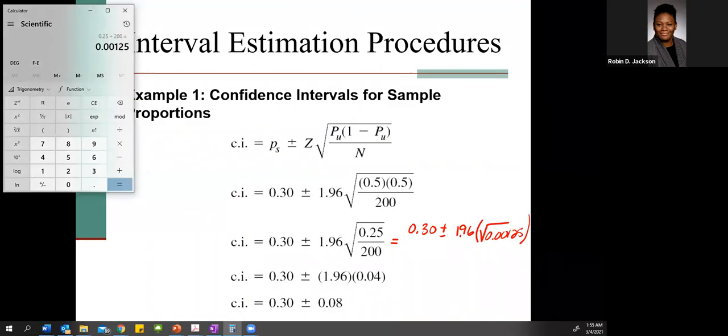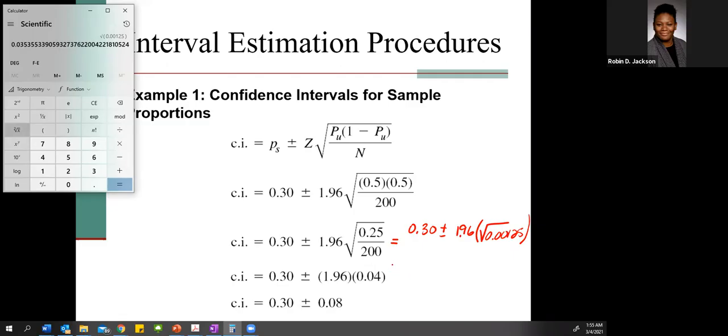Okay, and so if we then go and get the square root of that, we get 0.035355. Round to the second decimal place, because there's a 5 after that 3, and anytime the number is 5 or above, we round up to the next number. That's how you get to the 0.04.